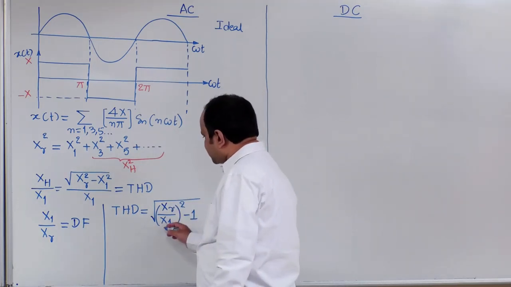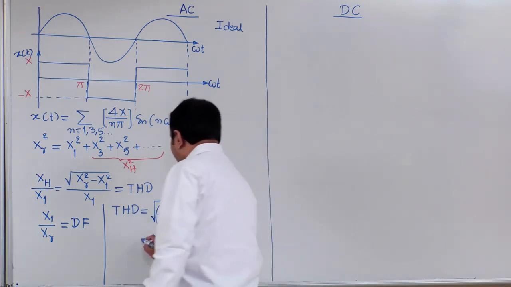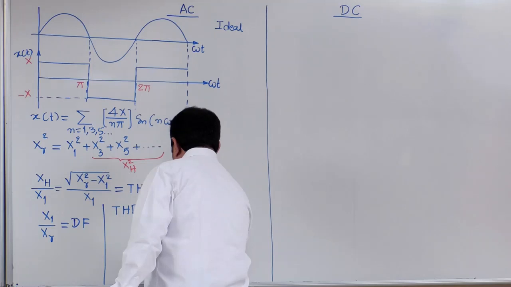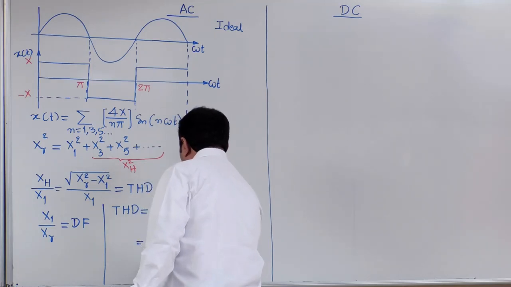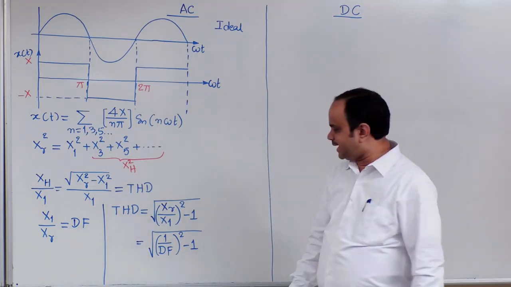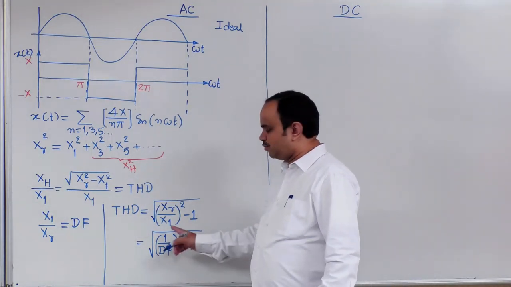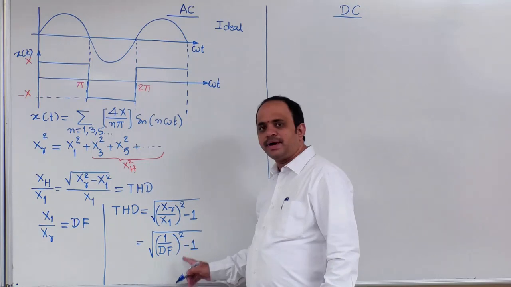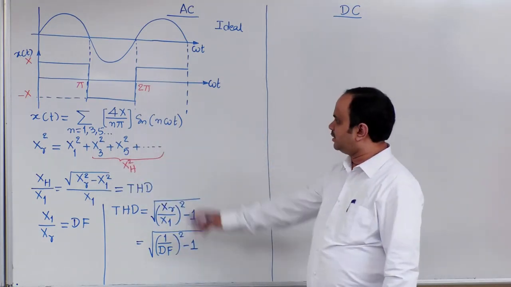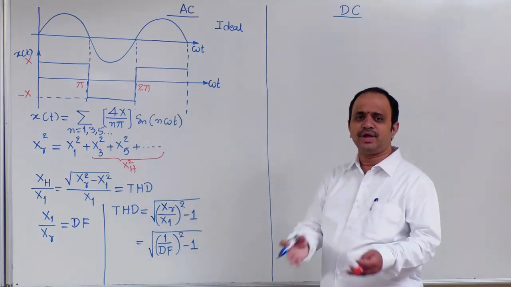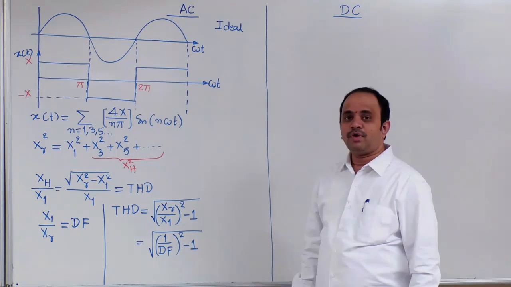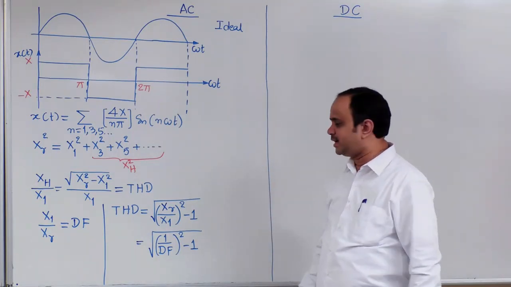So xr by x1 is nothing but 1 by distortion factor. Therefore, total harmonic distortion can also be expressed as root of 1 by df whole square minus 1. So these are all the properties of AC waveforms, pure AC waveform and non-sinusoidal AC waveform. Now, what is the point to be highlighted in this discussion?